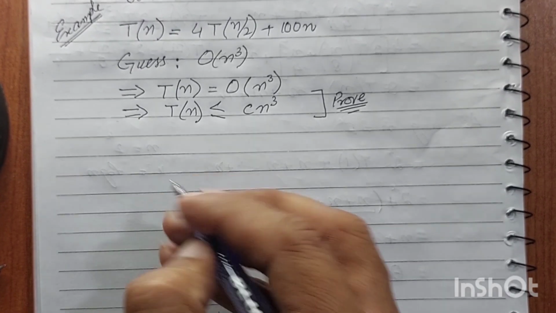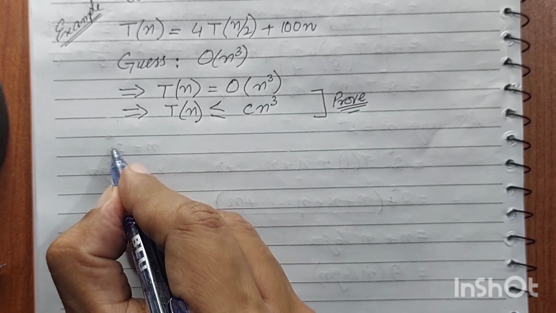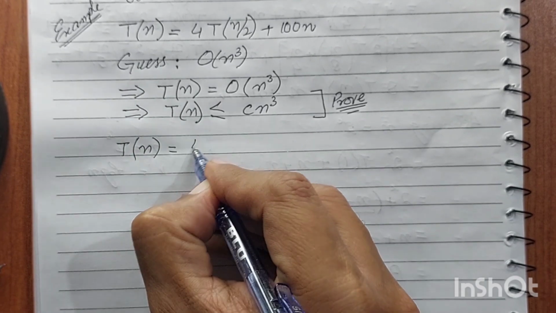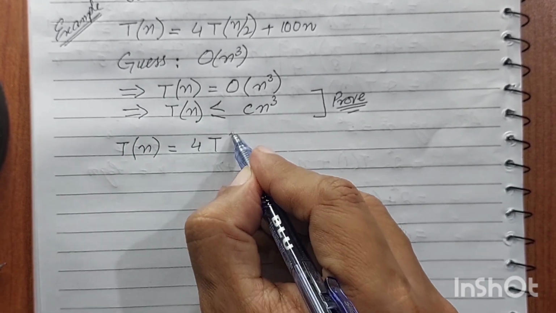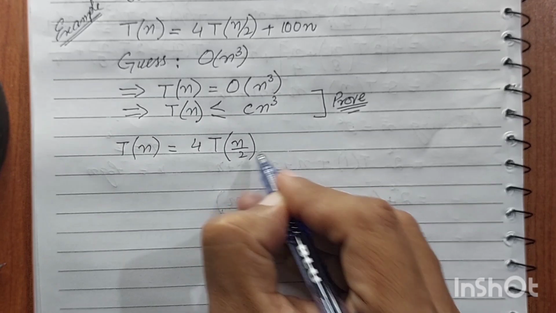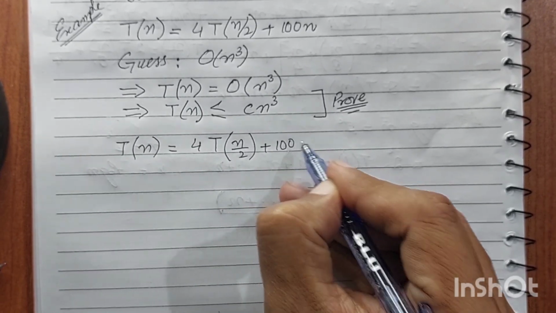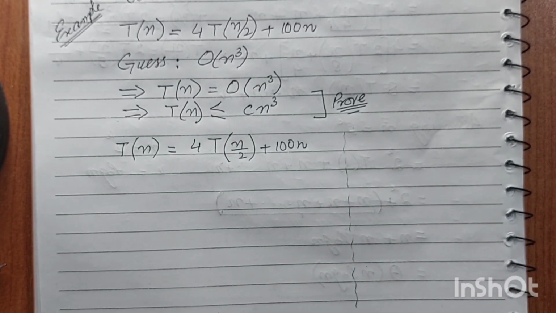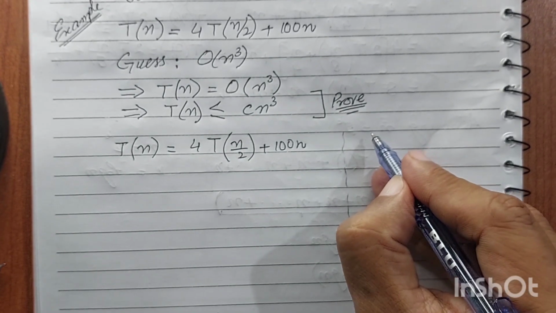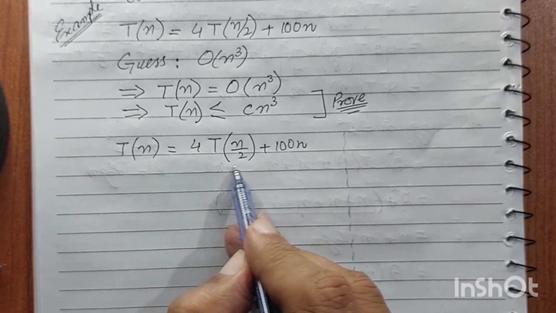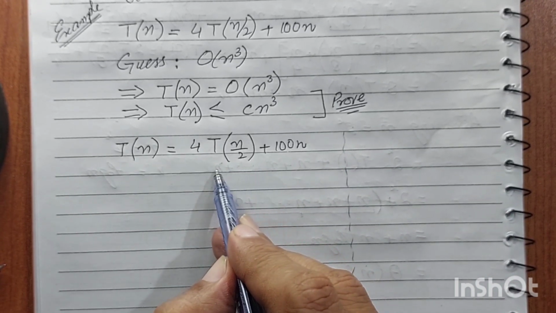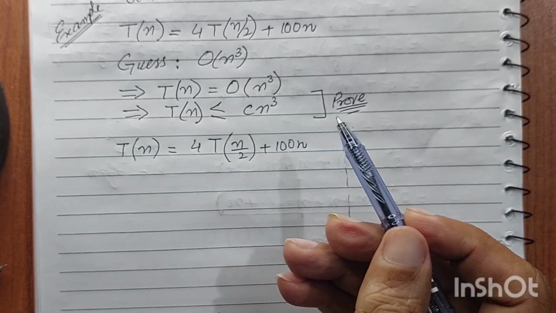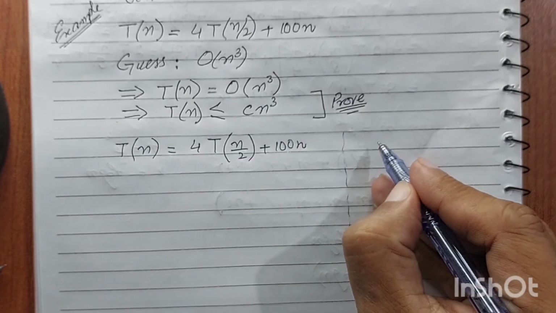Let's start with this proof. Our original equation is t of n is equal to 4t of n by 2 plus 100n. Now I need to replace this t of n by 2 with what I have assumed, which is my guess.